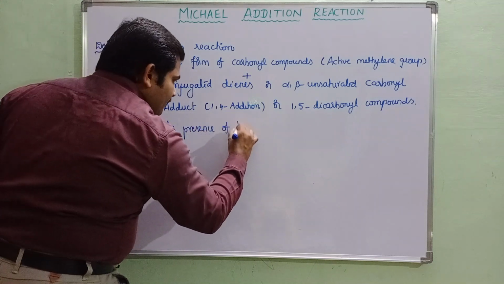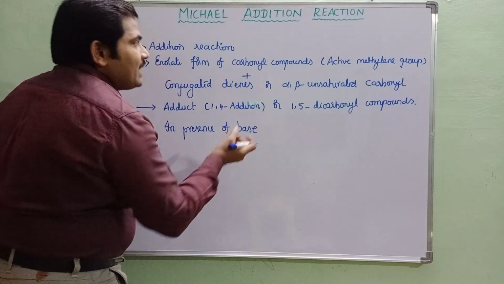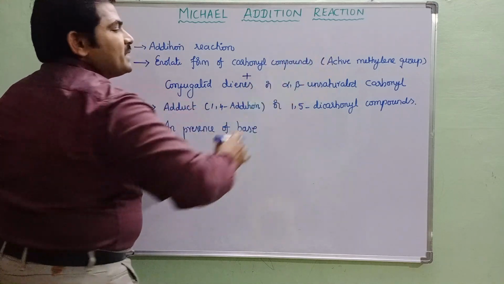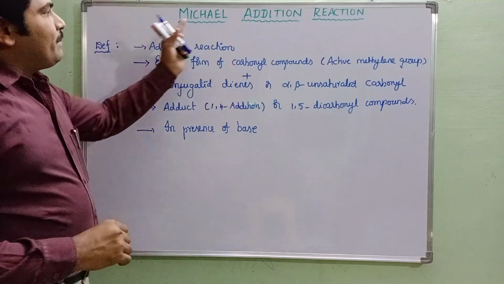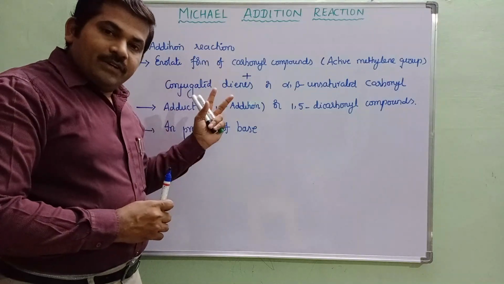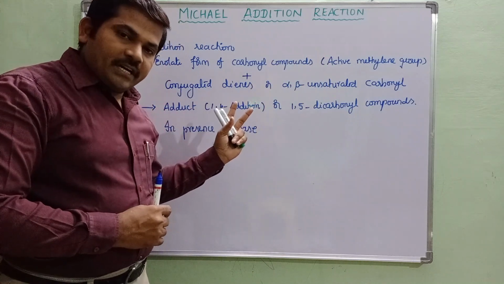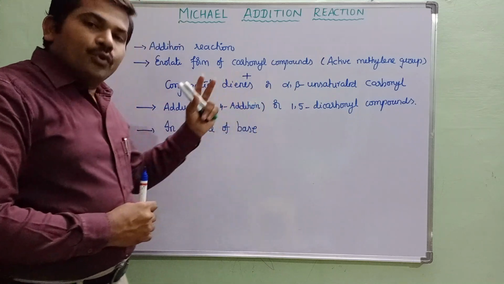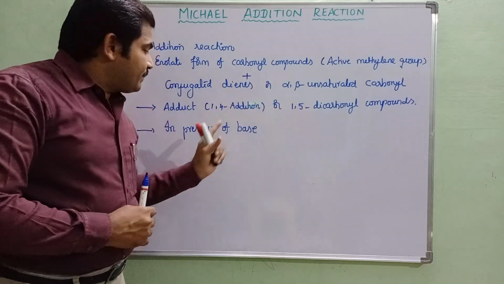The purpose of the base is that it abstracts the active hydrogens from the active methylene group containing compounds. Okay, so this is the definition of the Michael addition reaction. It is an addition reaction in which active methylene group containing compounds react with alpha beta unsaturated carbonyl compounds to yield 1,5 dicarbonyl compounds in presence of base.